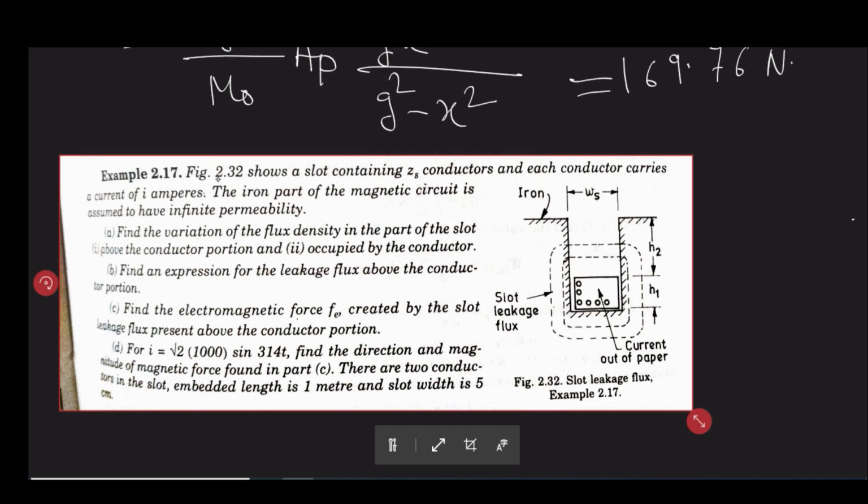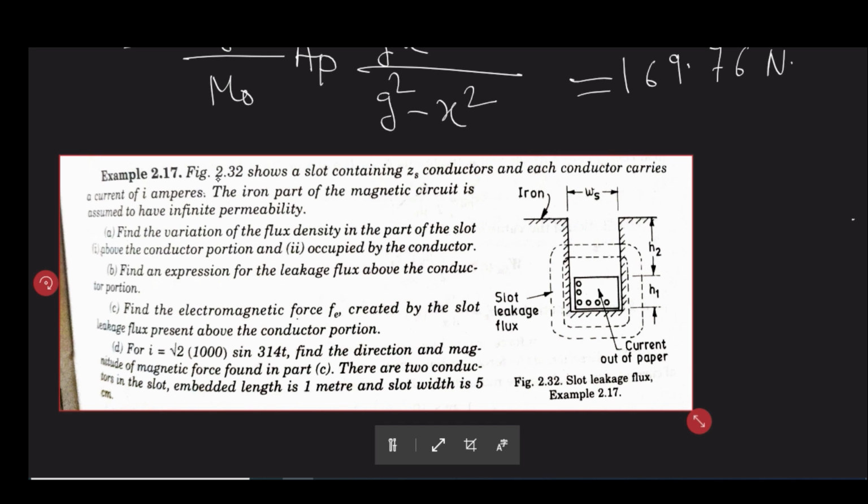What it states is that this adjacent figure shows a slot containing ZS conductors. Each conductor carries a current of I amperes. So total current is ZSI. The iron part of the magnetic circuit is assumed to have infinite permeability. That means there is no energy stored in the iron part.